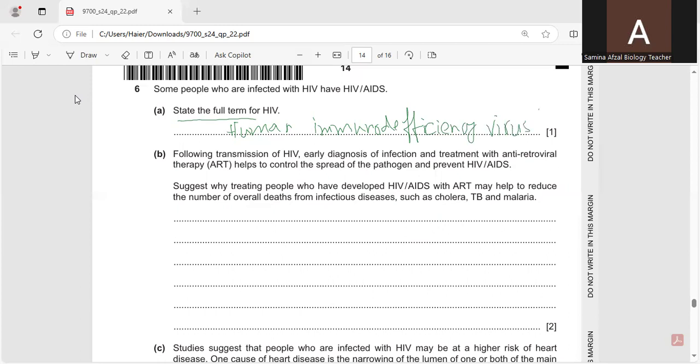Following transmission of HIV, only diagnosis of infection and treatment with antiretroviral therapy, ART, helps to control the spread of the pathogen and prevent HIV/AIDS. Suggest why treating people who have developed HIV/AIDS with ART may help to reduce the number of overall deaths from infectious diseases such as cholera, tuberculosis, and malaria.